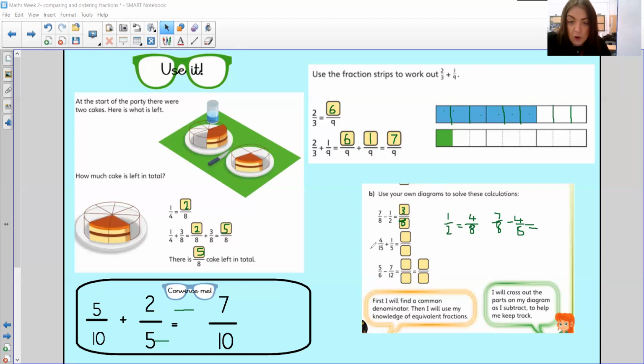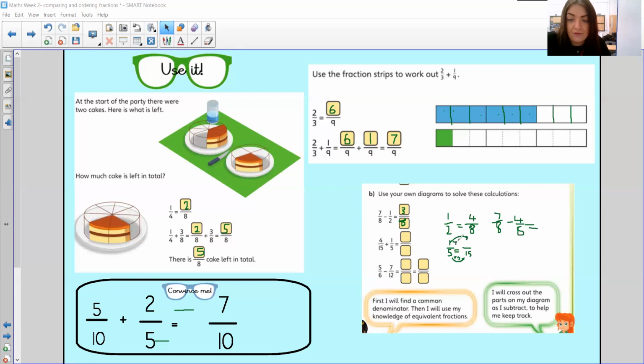This one here, I'm now working with 15ths and fifths. Again, I can see that relationship there straight away because they are both in the same times tables. So I'm going to convert my 1/5, find the equivalent fraction in 15ths. So what has happened to get from 5 to 15? 5, 10, 15. So that's 3 lots. So I've times that by 3. So whatever you do to the bottom, you do to the top.